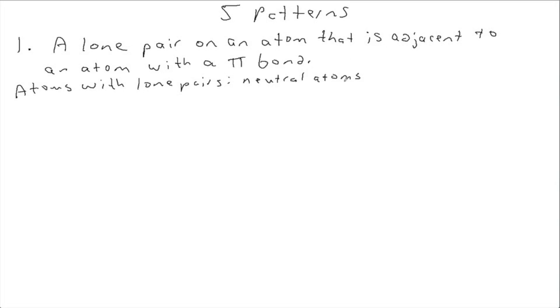we're usually talking about the NOPS. Those were the ones that we mentioned before. Those are pretty important. Also, neutral halogens have lone pairs, but resonance is often not too important for those. And also, when a nonmetal has a negative charge, it would have a lone pair.